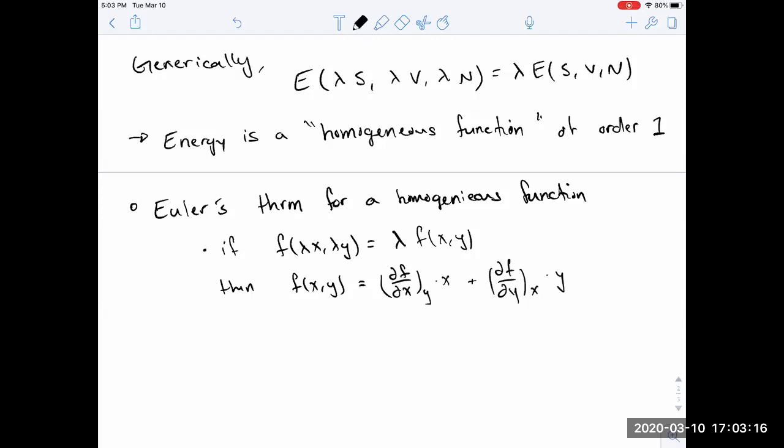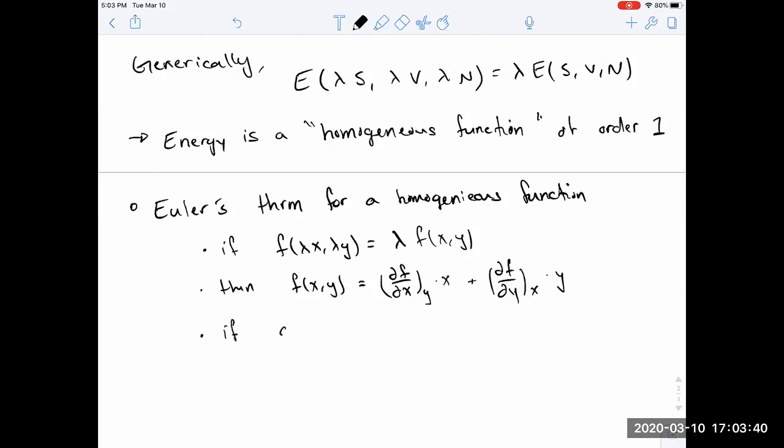Now this is an exact expression for the function f of x and y, which is linear in x and y with prefactors that just determine how f changes with x and y. This only holds because f is a homogeneous function of order 1 in both of its variables.